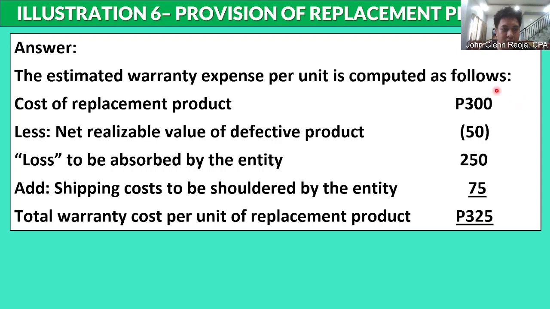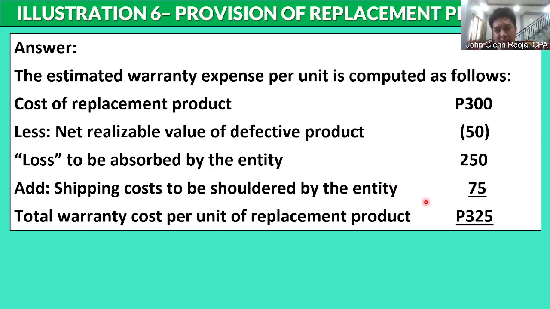The replacement cost is 300, then it can be sold at 50. But please don't forget to add the shipping cost, since this is an additional expense to the entity, because it shoulders the shipping cost. So, 250 plus 75. Total warranty cost per unit of replacement product is 325 pesos.